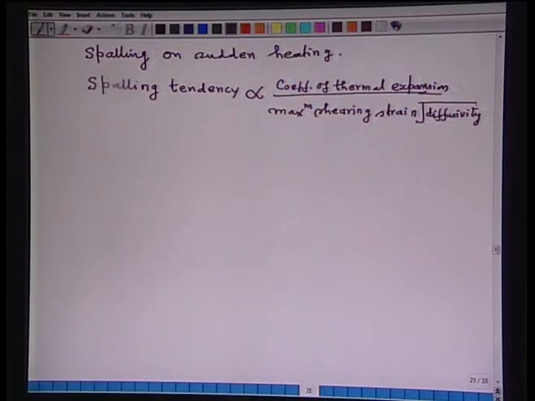Naturally, if the coefficient of thermal expansion is more, spalling tendency will be more.